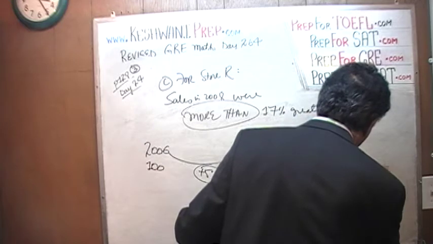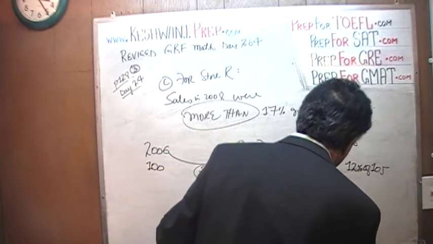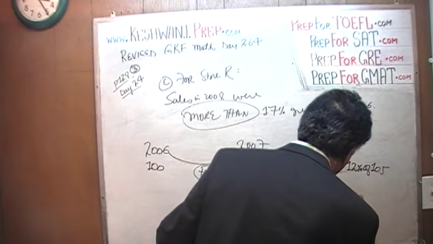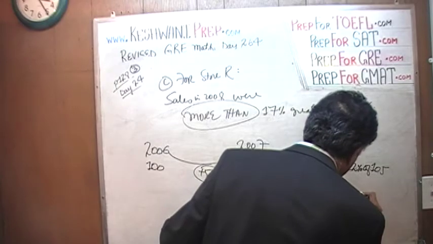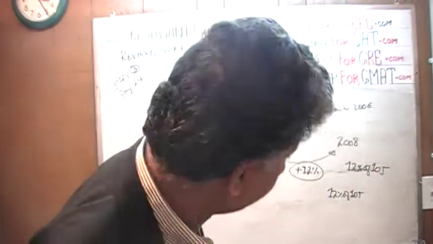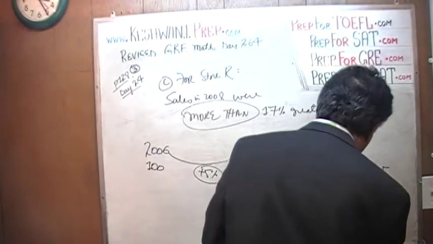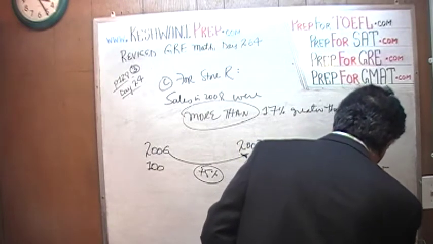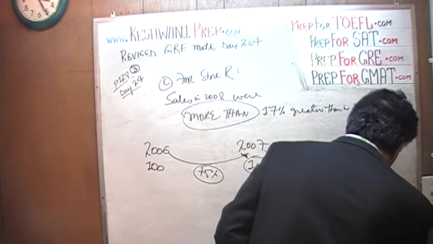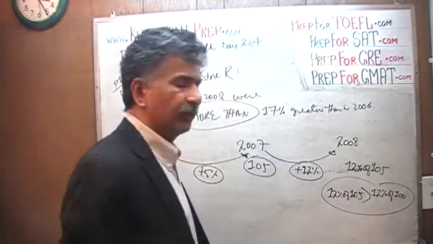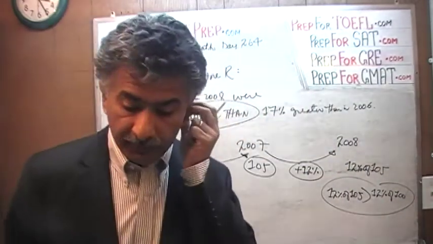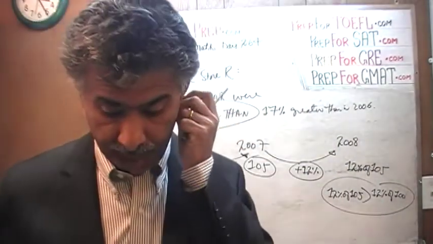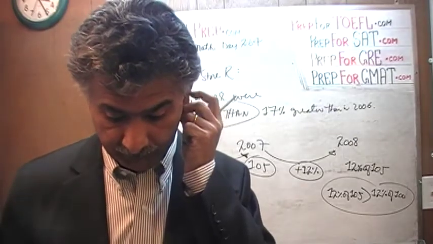12% of 105 is of course greater than 12% of 100. So the final change that we will have will indeed be more than 17%. So this time around they are correct.